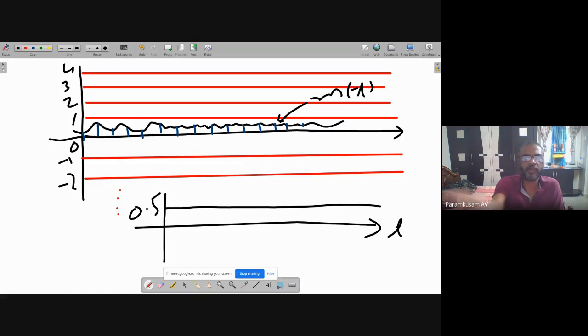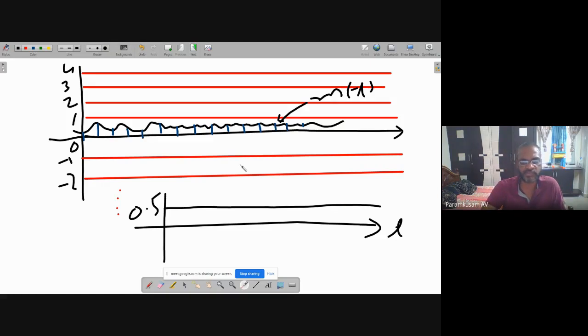For example, if you take this signal, suppose the signal amplitude is very small. Then if all the values of signal amplitudes lie within only one interval, you will get a DC signal like this. So these are the problems of the uniform quantization.